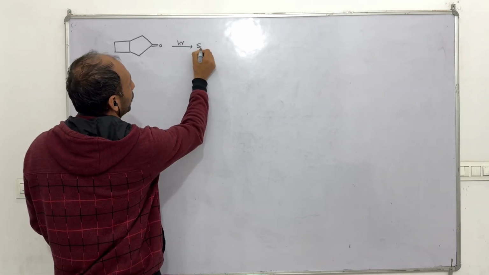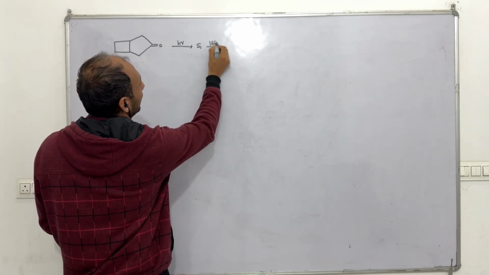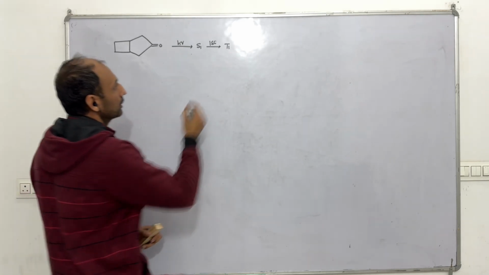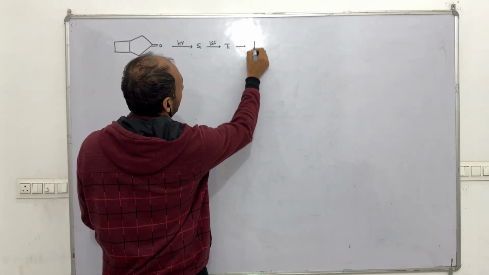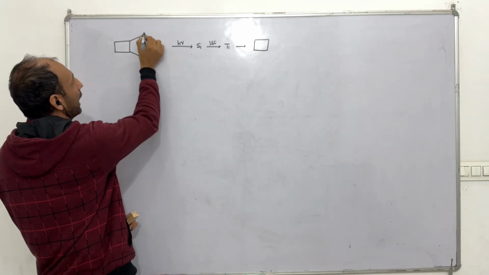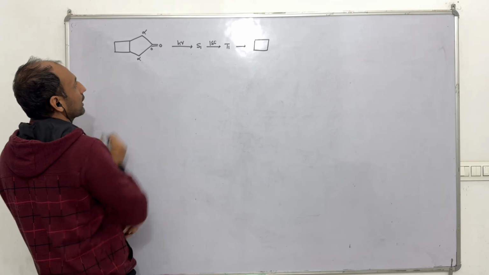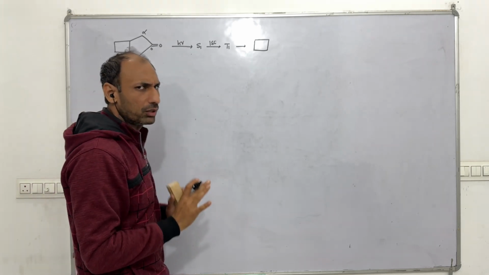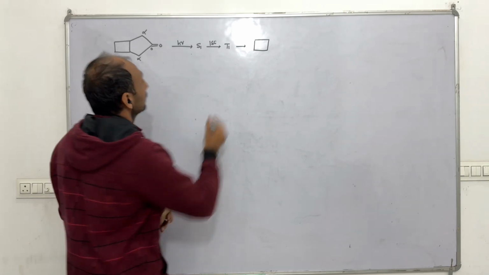Similarly, it will go to S1, intersystem crossing, it will go to T1, and then it is C=O, and both the positions are alpha. So you can break any of the bonds, there is no problem at all.